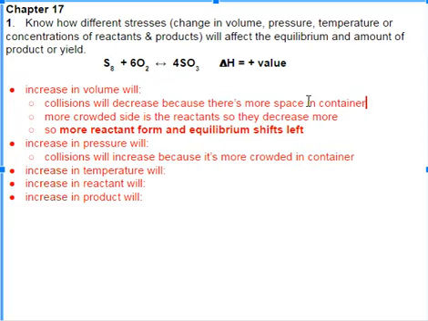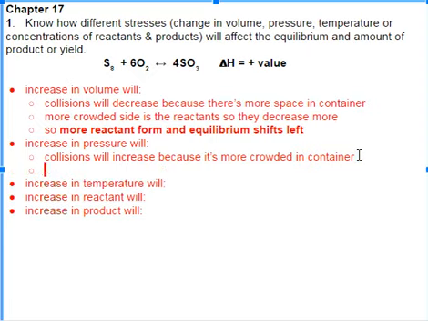That's the whole reaction. You don't get to just have the reactants on one side and the products on the other side. It's all one container. So if it's more crowded in the container, which side's going to see the bigger increase in collisions? The left side, the more crowded side, is still going to be affected more.